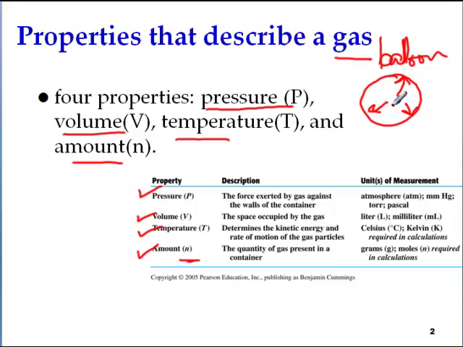If you were to increase the particles in the balloon, by adding more air or gas particles, they will exert more pressure. And you know what happens to a balloon if it gets deflated over time: there's less pressure to it.